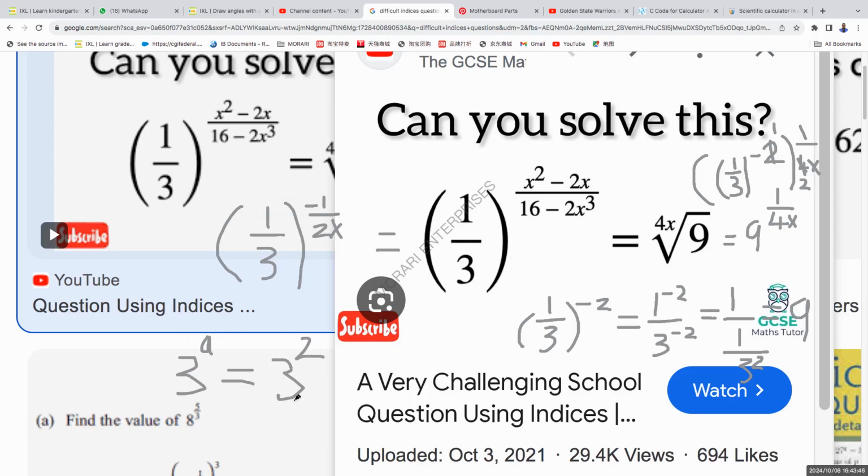What is a? It must be 2 before it can be equal. Of course, it's only when a is 2 that you can say 3 to the power 2 is the same as 3 to the power 2.